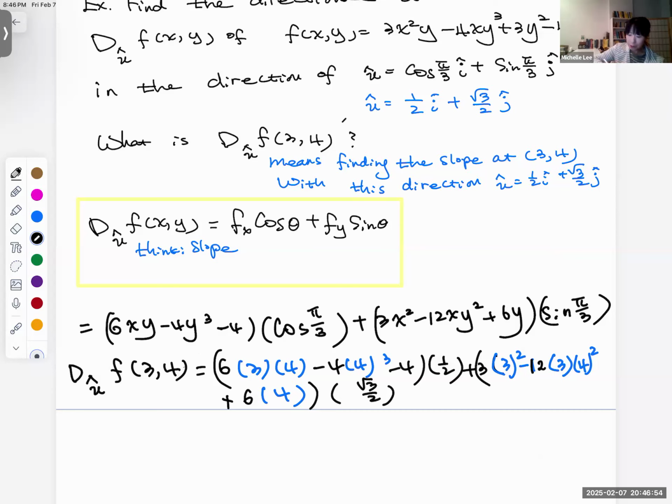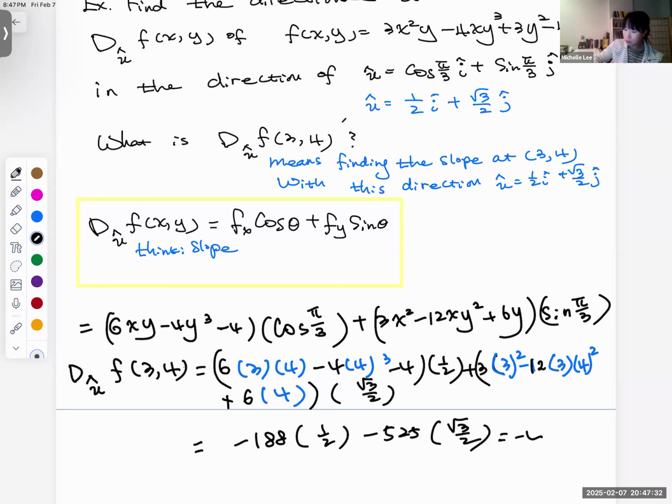So for the first term we get negative 188 times 1/2, plus the second term, negative 525. Then we have the square root of 3 over 2. Can you please calculate?